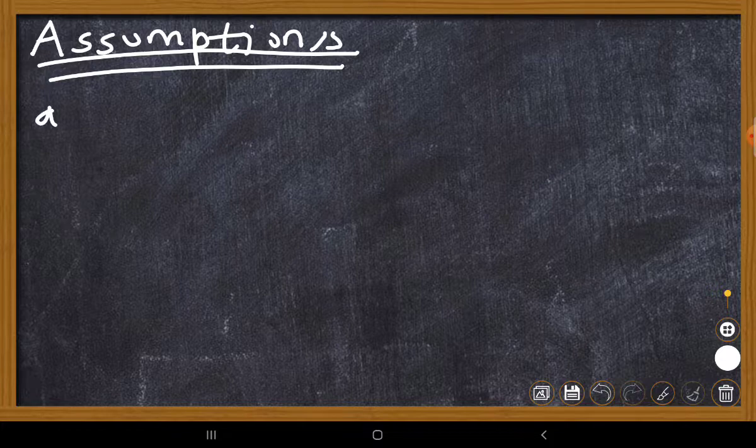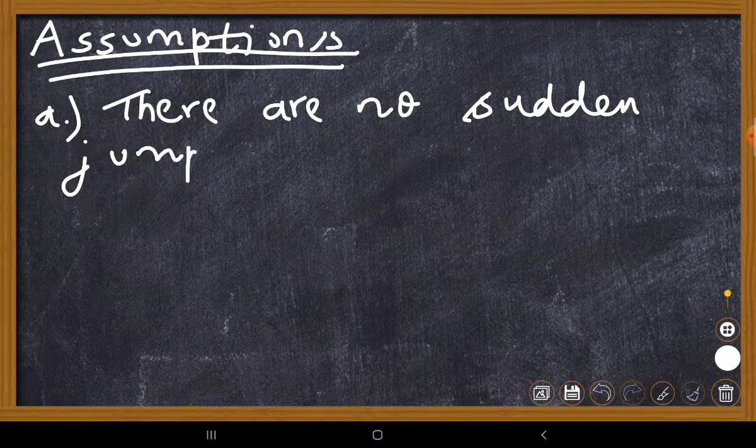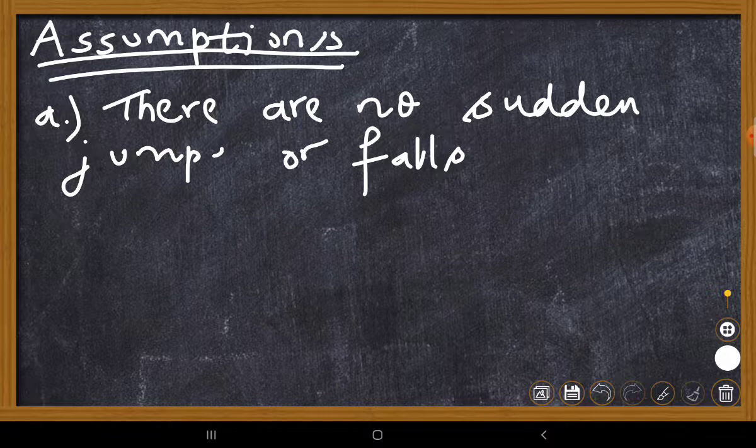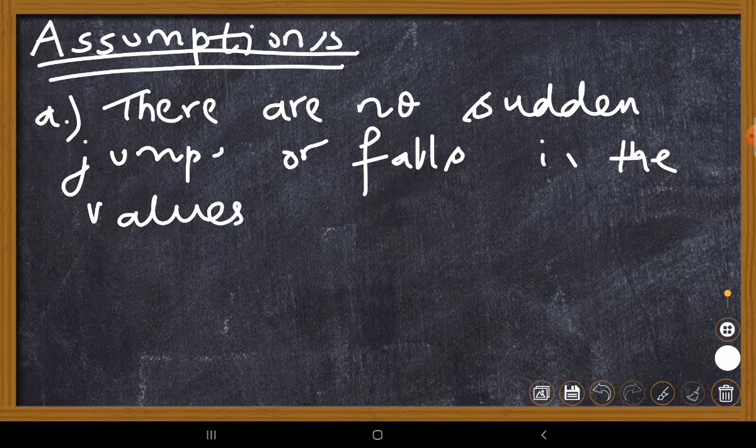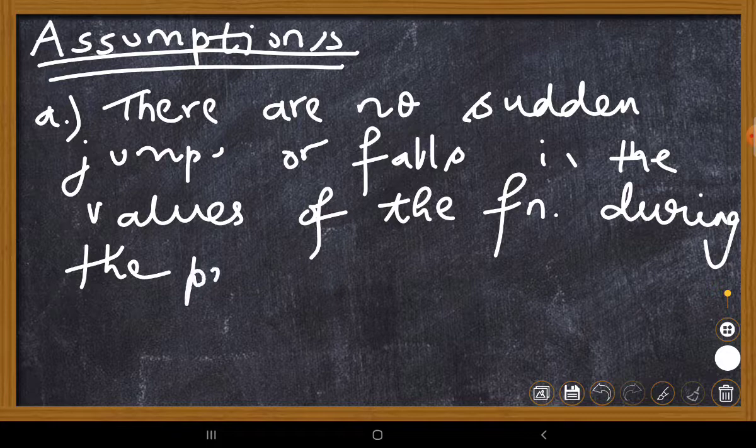The first one is that there are no sudden jumps or falls in the values of the function during the period under consideration.